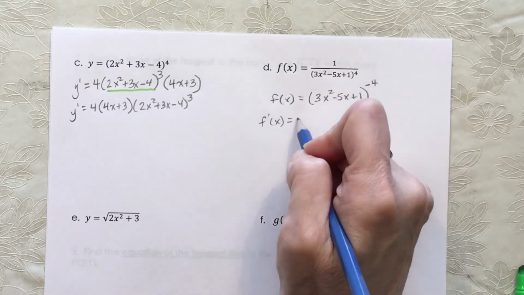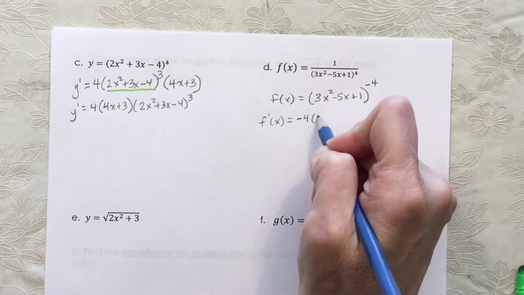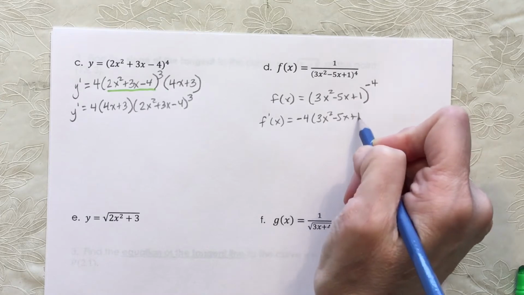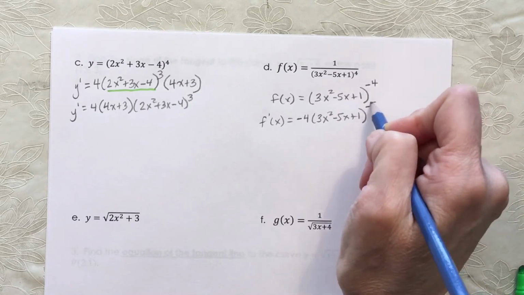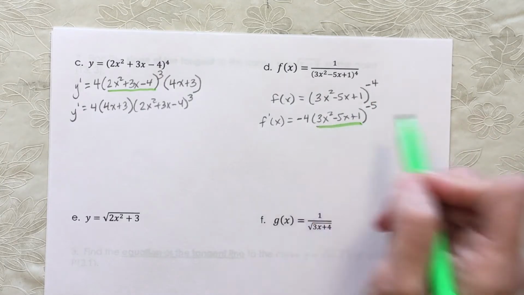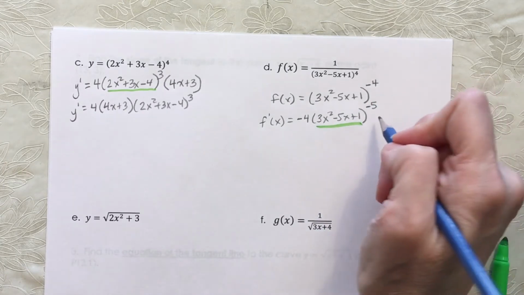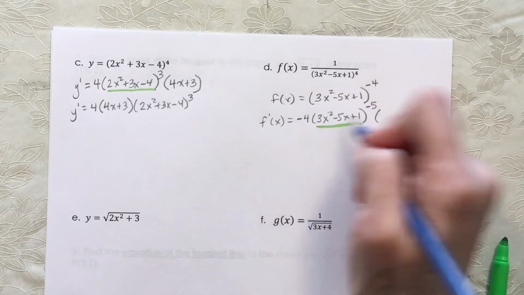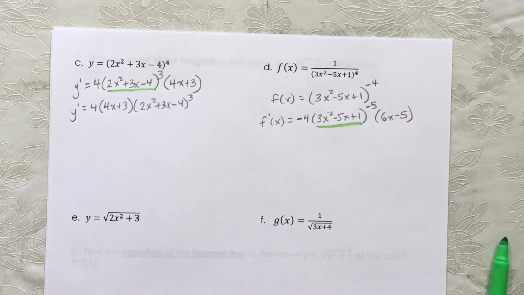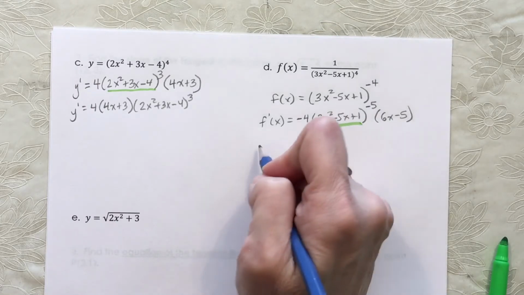So exponent comes down, -4 times 3x squared minus 5x plus 1 to the -5. You decrease the exponent by 1. And then we're going to multiply that by the derivative of what's inside, the inner derivative, which is 6x minus 5. And then we want to express our final answer with positive exponents.